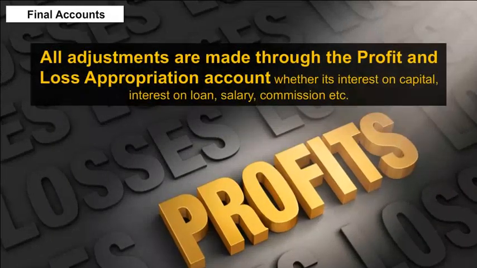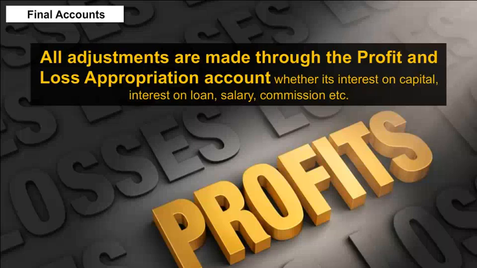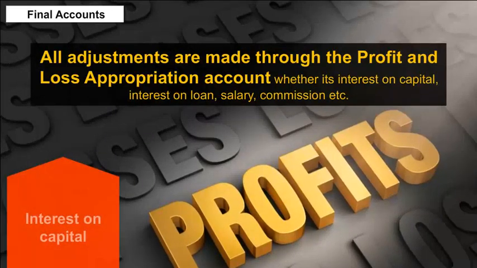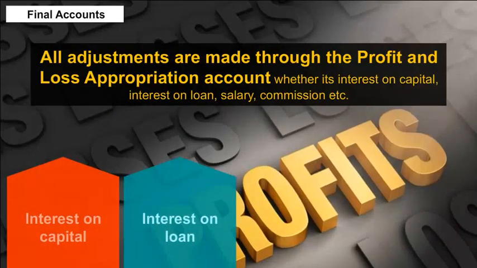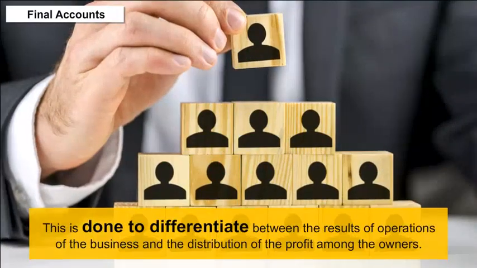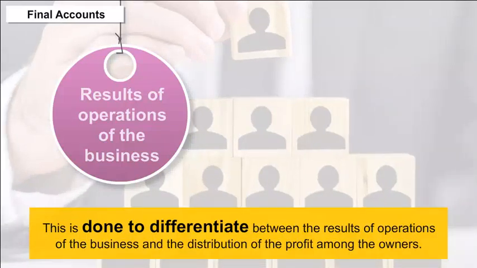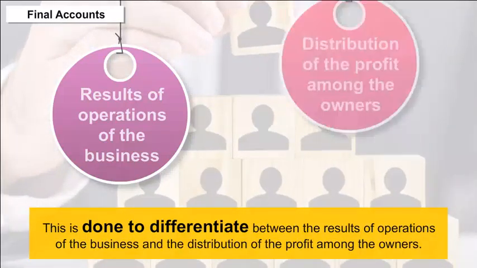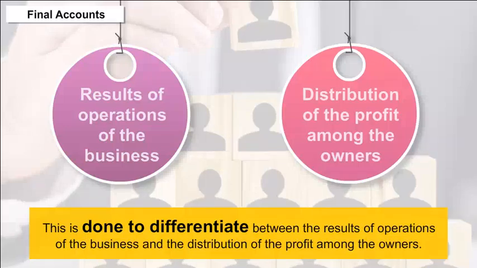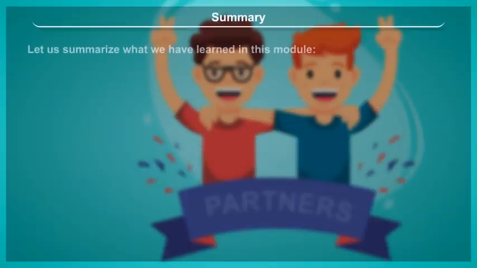All adjustments are made through the profit and loss appropriation account, whether it's interest on capital, interest on loan, salary, commissions, etc. This is done to differentiate between the results of operations of the business and the distribution of the profit among the owners.